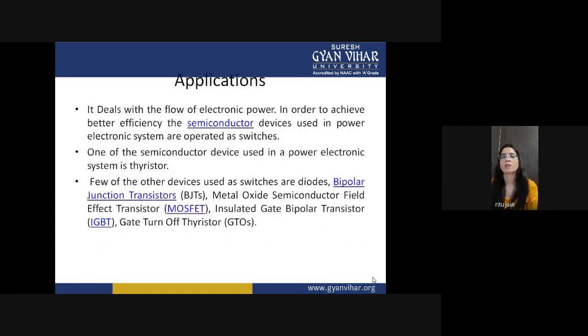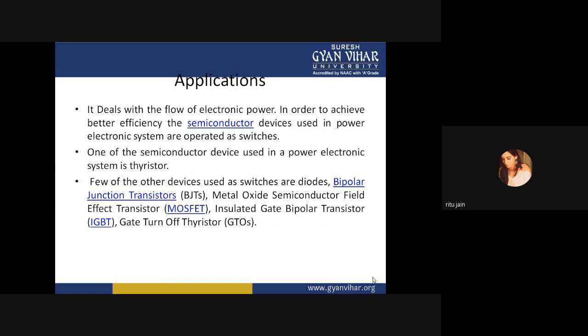Now, what are the applications, where are we using this thyristor, and why is it so important? Basically, it is a power electronic or semiconductor device, and semiconductor devices are operated as a switch in different fields to make the system very effective and efficient.